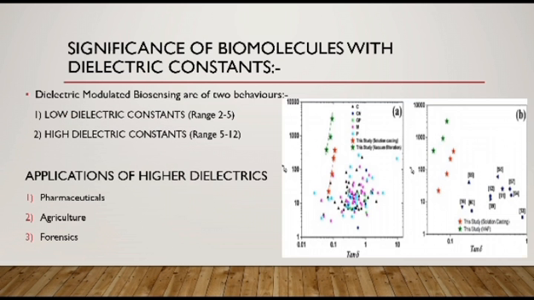Moving on to the significance of biomolecules with dielectric constant, it is subdivided into two categories. One is low dielectric constant, in the range of 2 to 5, where the dielectric constant is considered to be more consistent. The other is high dielectric constant, in the range of K equal to 5 to 12, and it has various applications in real life.